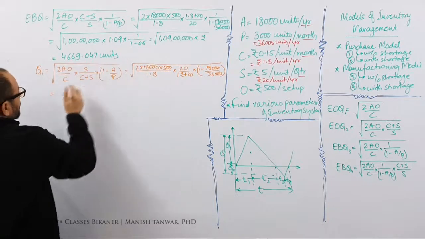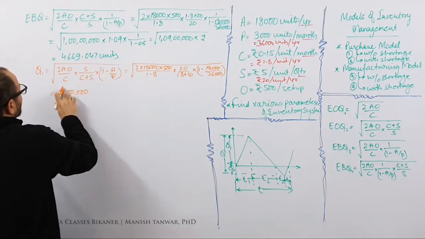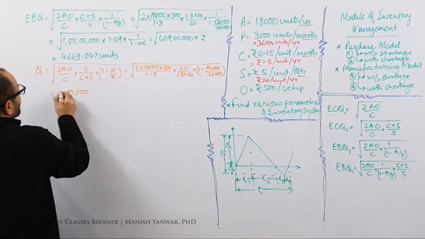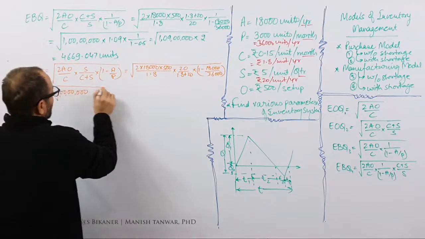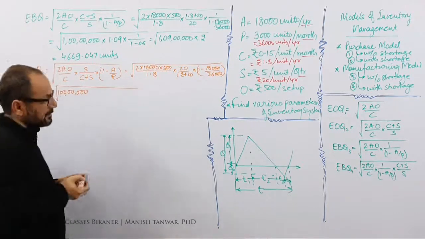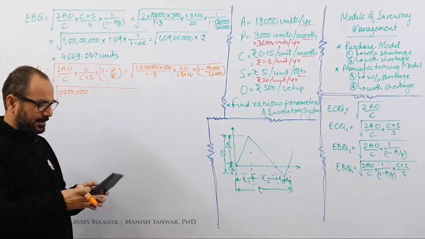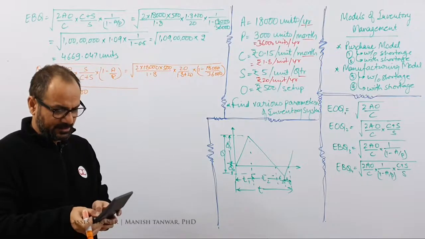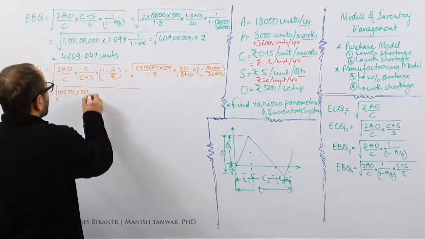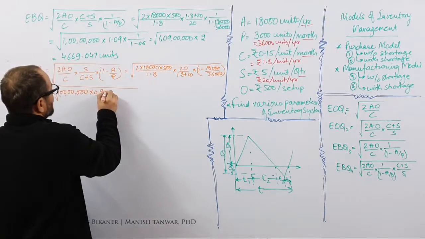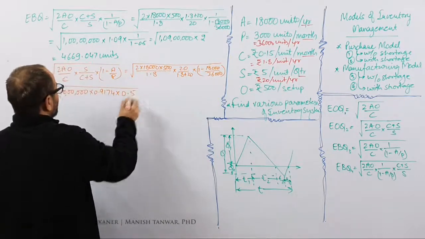Resulting in this was 1 crore. Next factor would be 20 divided by 21.8, making it 0.9174. And this factor would be 1 minus 0.5, making it 0.5.